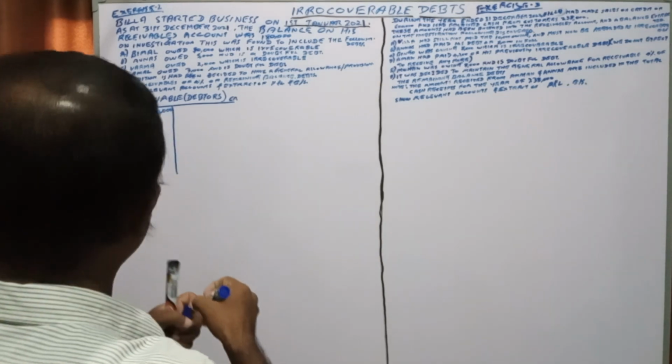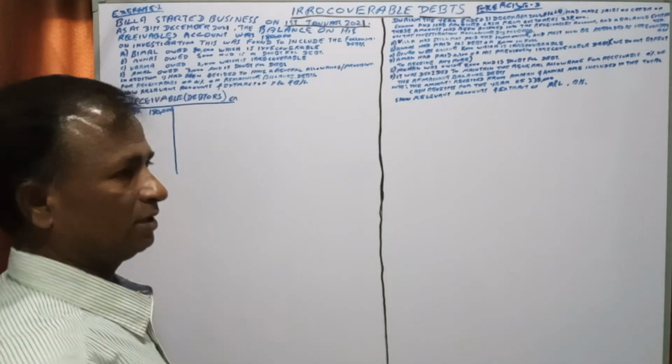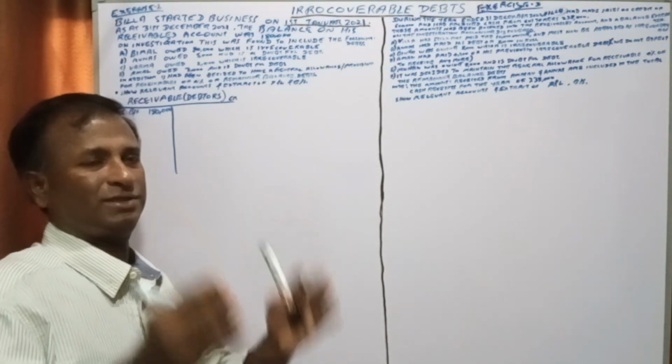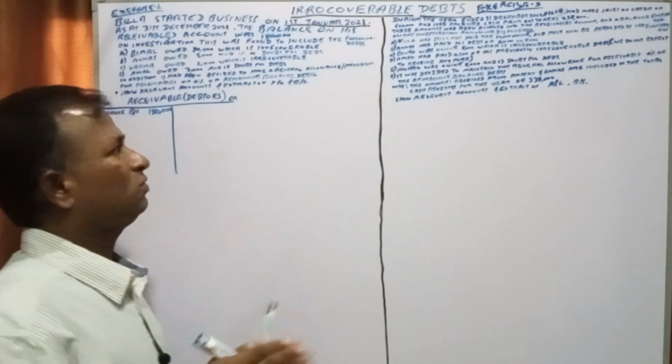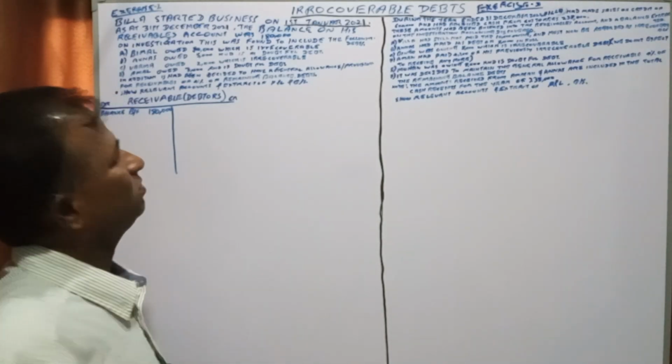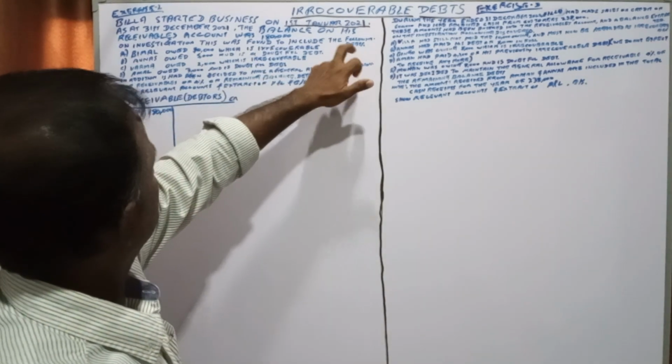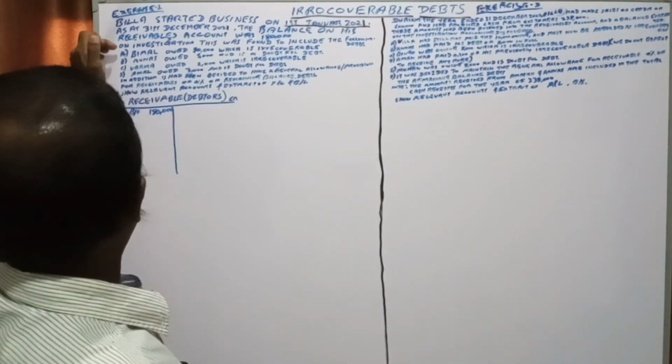That means we have to receive 180,000 rupees from debtors.